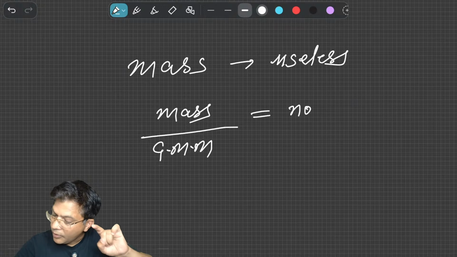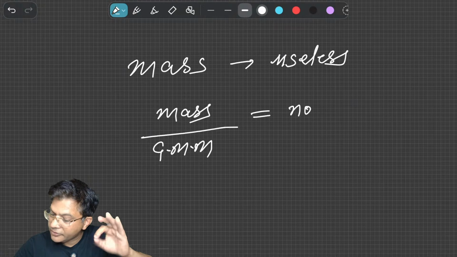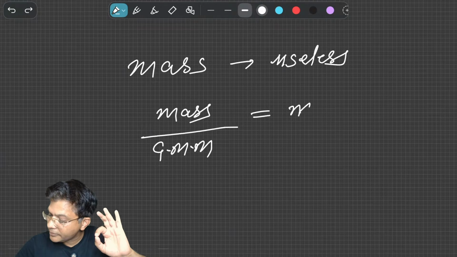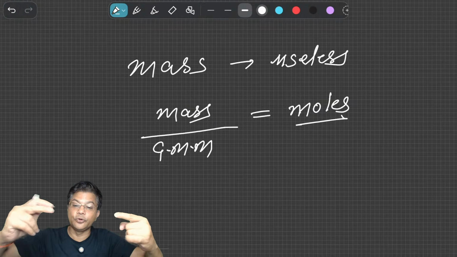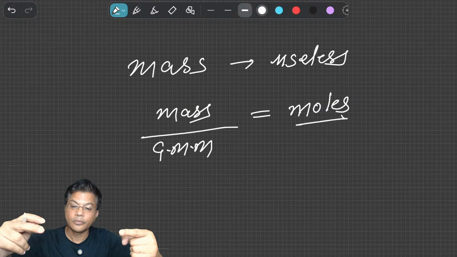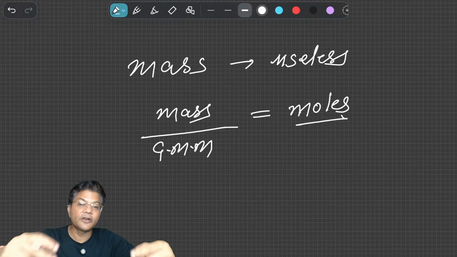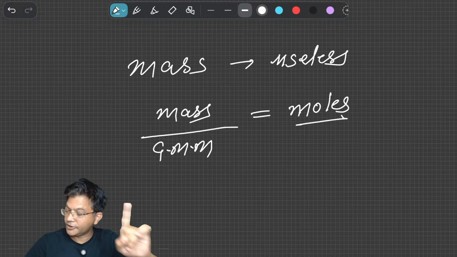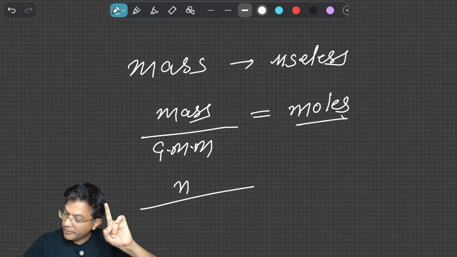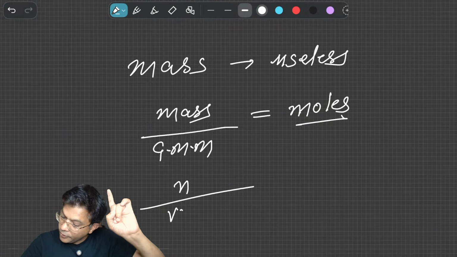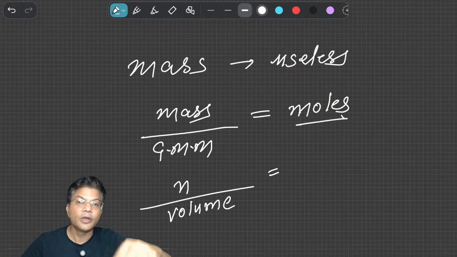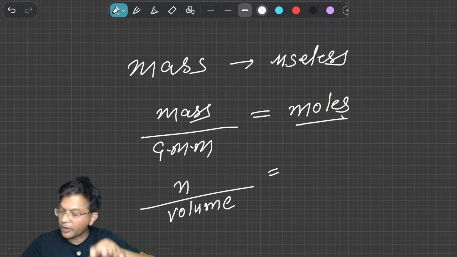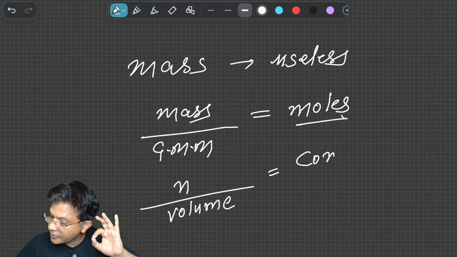Now in chemical kinetics, even moles are useless. What are we supposed to do? Concentration. So moles divided by volume. Just like density is equal to mass upon volume, here moles per volume, we will get concentration.